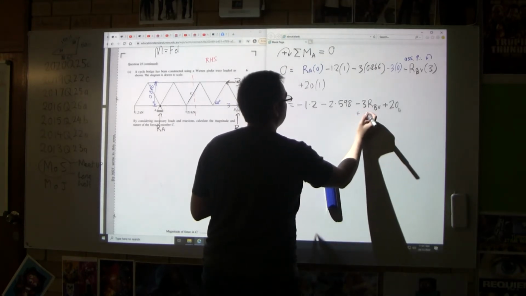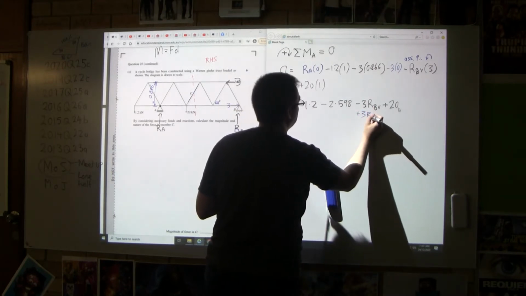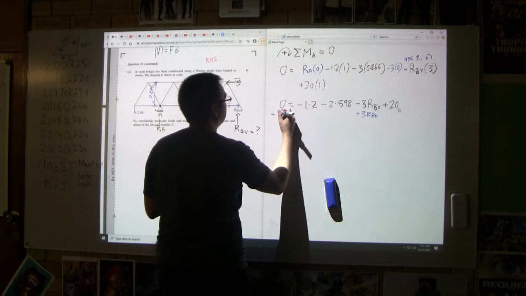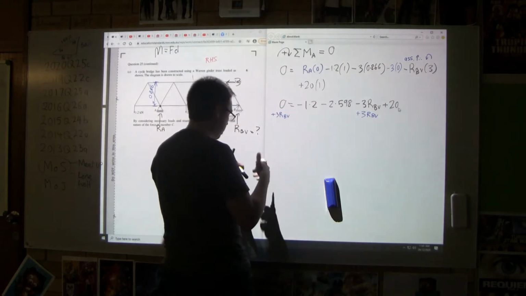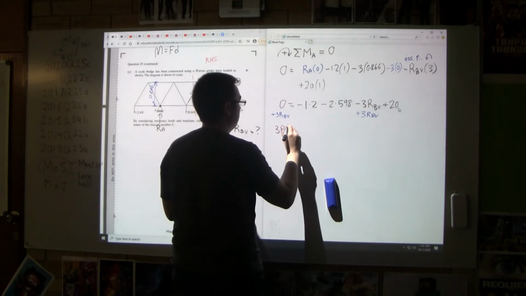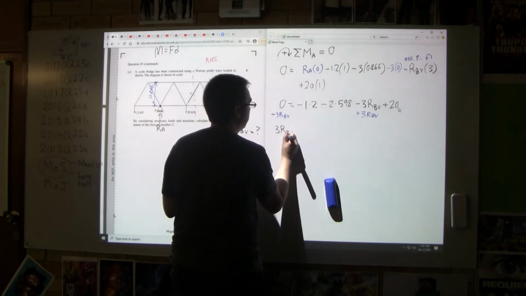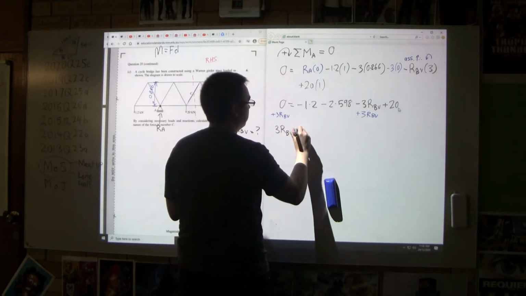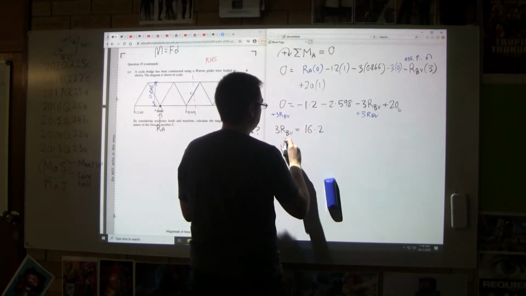I'm going to say, if I add 3RBV here, I then add 3RBV here. If you don't understand this level of algebra, then you maybe need to let your teacher know and do some work to catch up, because this is pretty much assumed algebra at this point. Okay, so that equals 16.2.